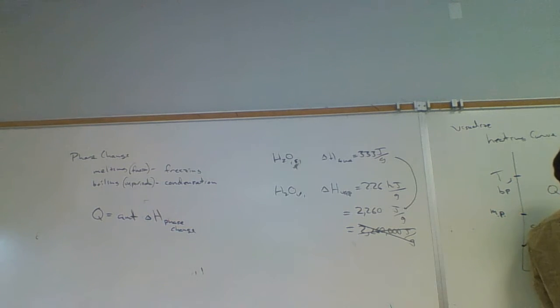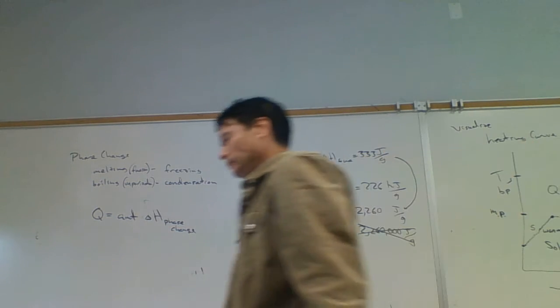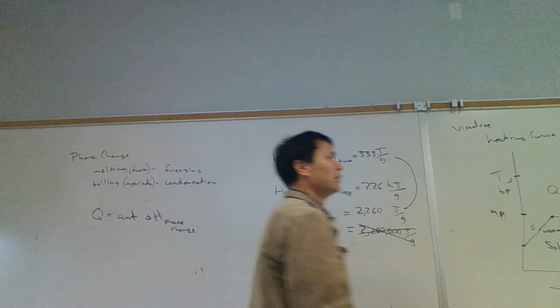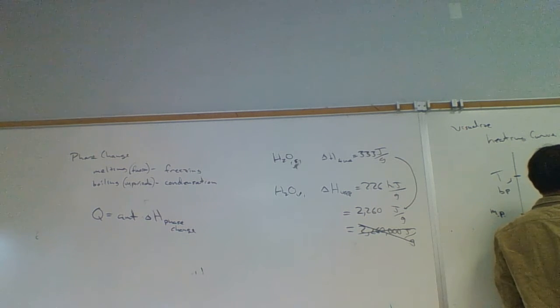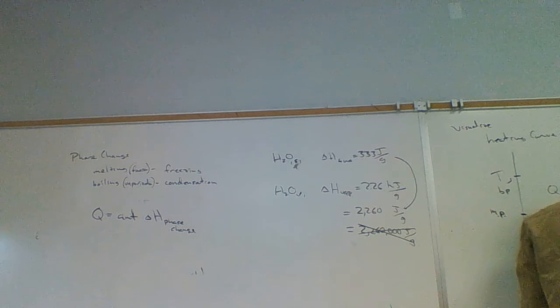By the time we get to this side, we have 188 grams of gas, no liquid. As we traverse this, we're getting less liquid and more gas. Eventually, we'll have all gas here. Halfway, we have half the liquid remaining, and we've converted the other half into gas.